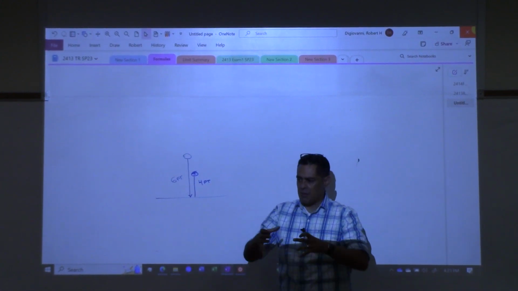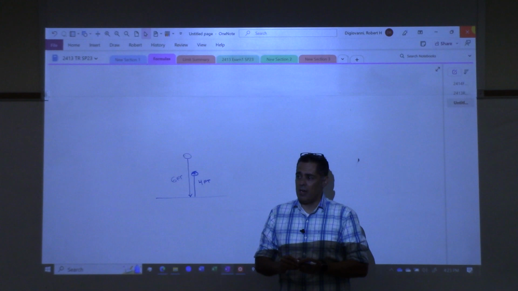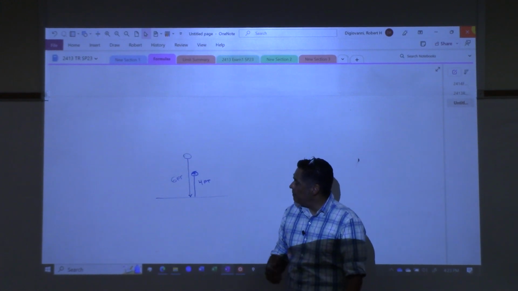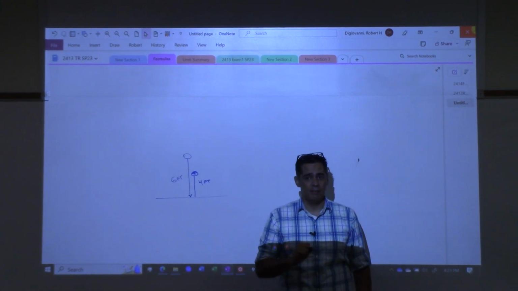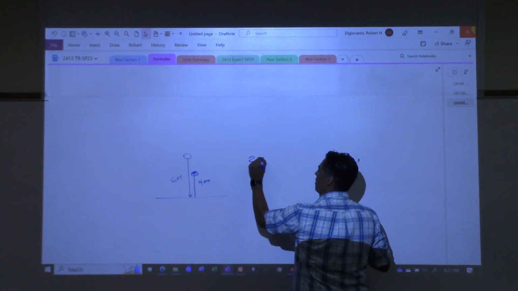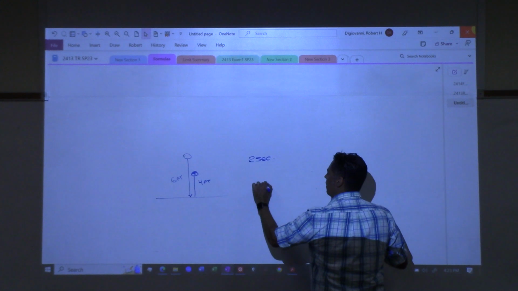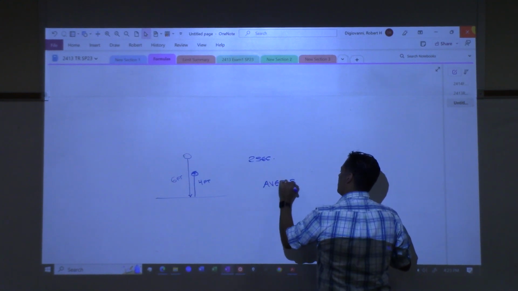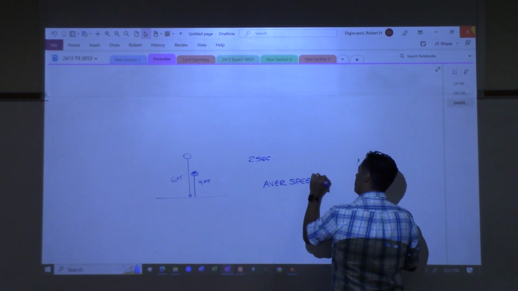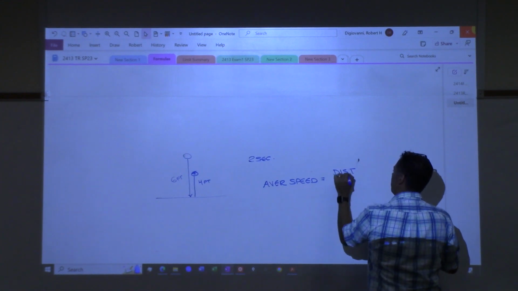6 feet, boom, bounce up. Let's just say for the sake of demonstration that it takes 2 seconds, okay? What was the average speed of the ball? Well, that's going to be the distance it traveled over the time.